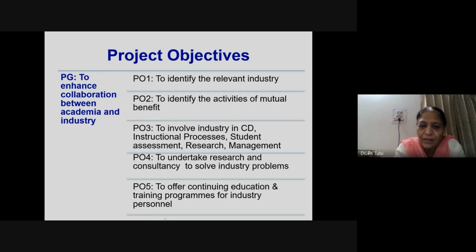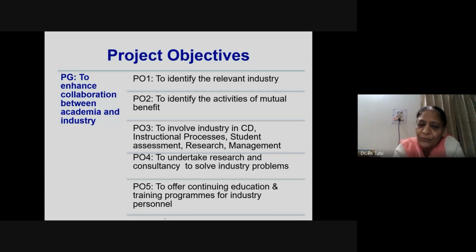So where you would like to have maybe your board of governors, you would like to have the industry representation. Maybe once you take up research projects, you would like to have one industry personnel as a member, supervisor or a guide. Or maybe you take up a collaborative research, sponsored research by the ministries or the All India Council for Technical Education and so on.